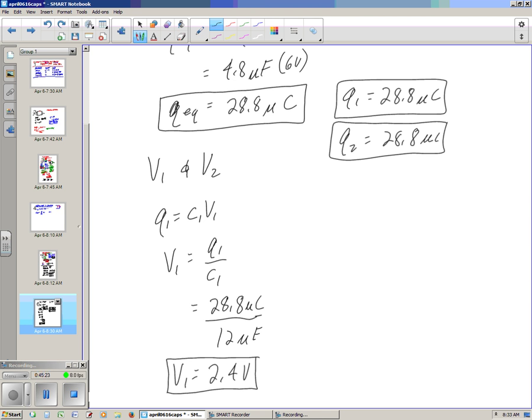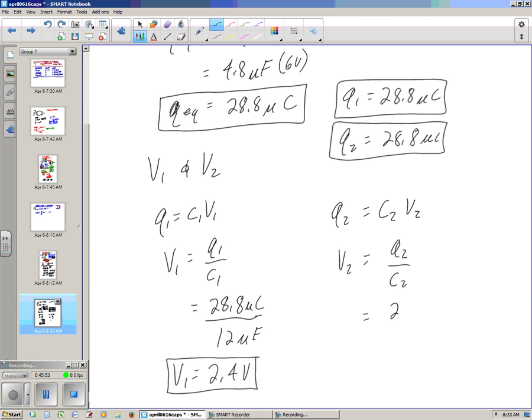Okay, so that's nice. What that means is the top of the capacitor is at 6 volts. The bottom of it is 2.4, smaller than that. Let's calculate Q2 or V2. So Q2 equals C2 V2, so V2 equals Q2 over C2.